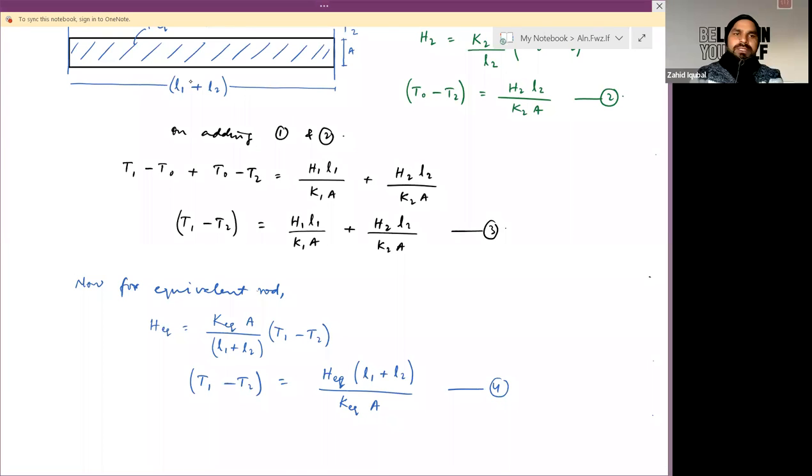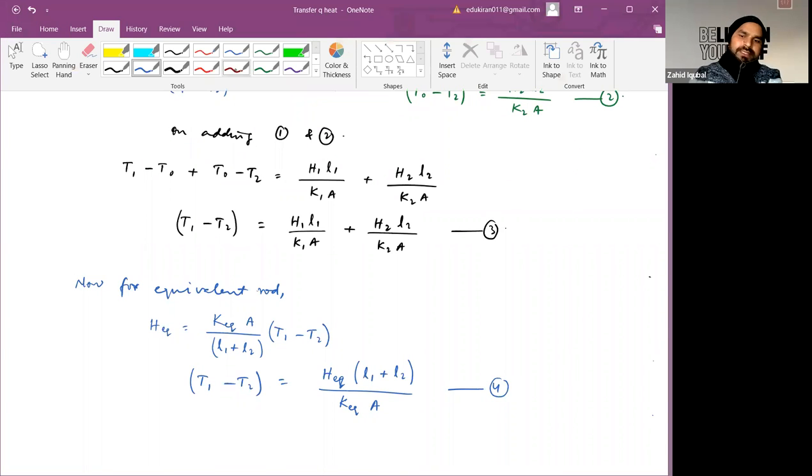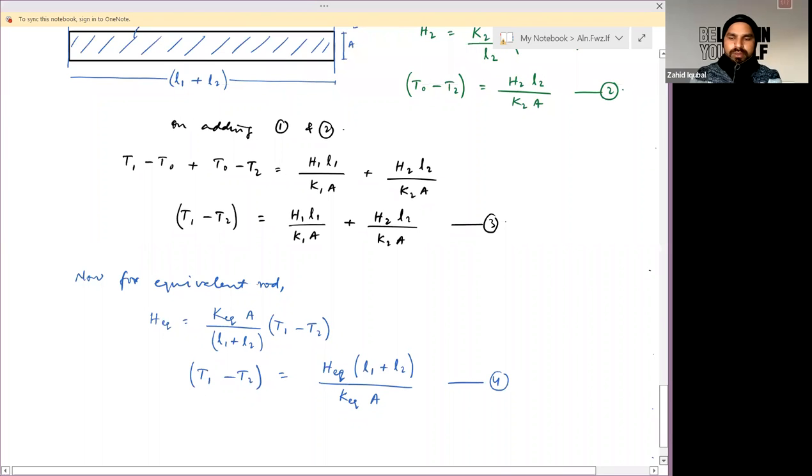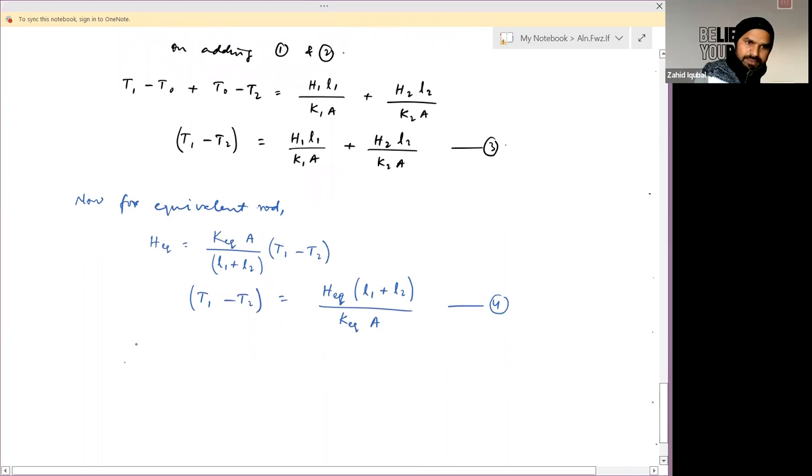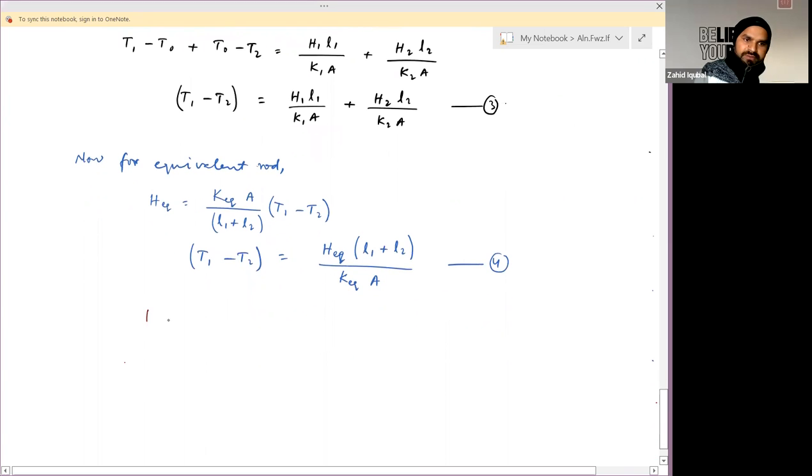Now, since this combination is series, so we can say in series combination, heat current or simply current will be same. So for series combination, H1 equals to H2 equals to H equivalent.